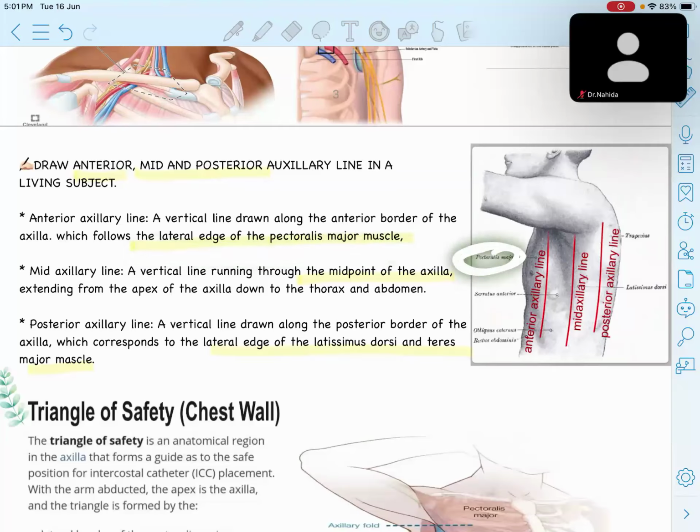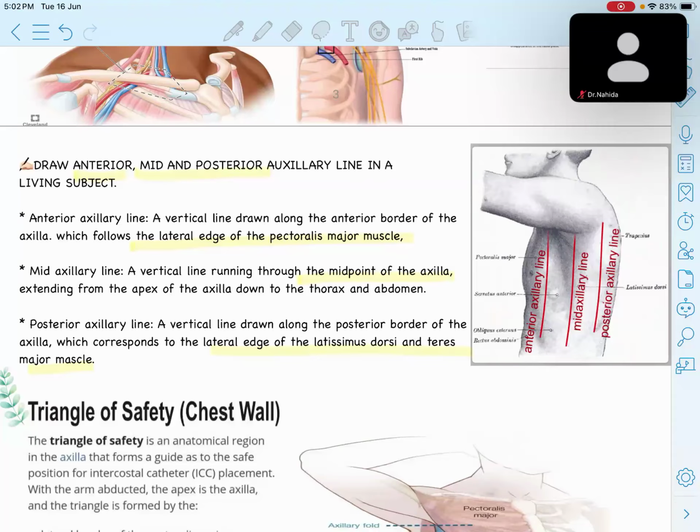In the real exam, there will be a living person standing in front of you, and the examiner will ask you to show the lines on that person. So keep a concept about the surface marking.